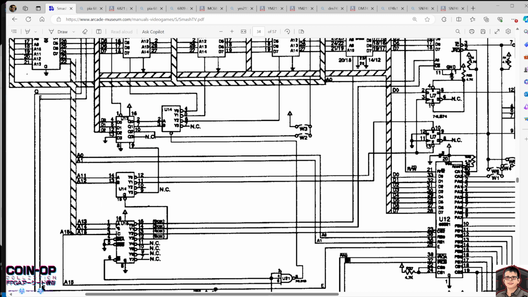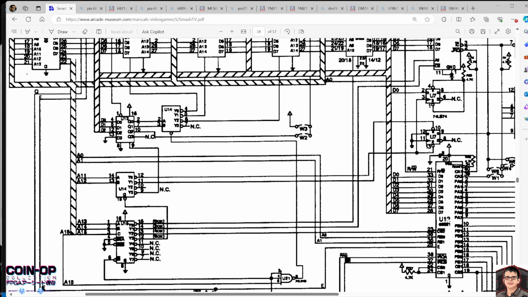If you take a look at this logical component here, you'll see that it does output the sequence of 0 1 0 on these three lines, and then you'll see that it does indeed perform a select on this chip here. So that's how you can work them out, by simply following the lines. The same thing for A11 and A12 here, and A0 and A1 here. So A0 and A1 go here, and that determines the address.